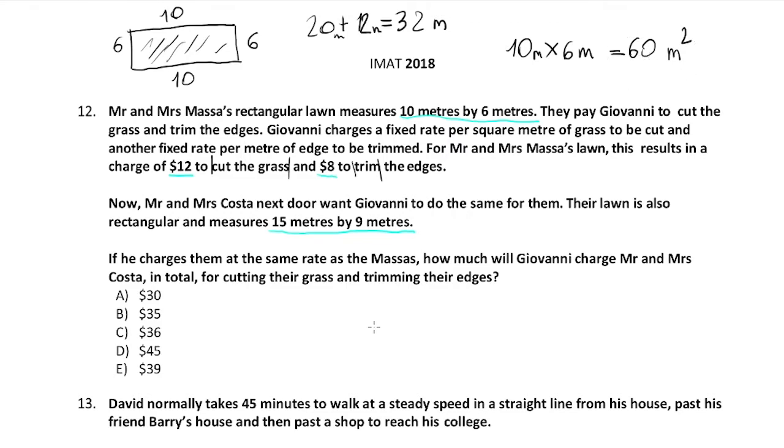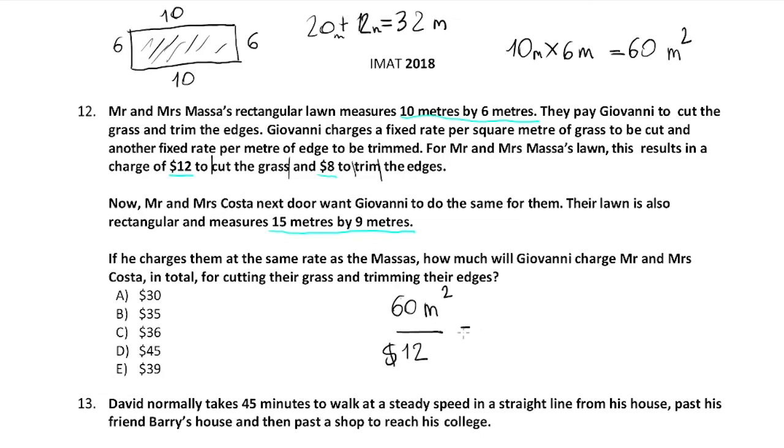So what we have to do now is to take the total area Giovanni has to cut, that in this case is 60 square meters, and divide it by the price Giovanni charges to cut 60 square meters. So Giovanni, in order to cut 60 square meters, charged $12.